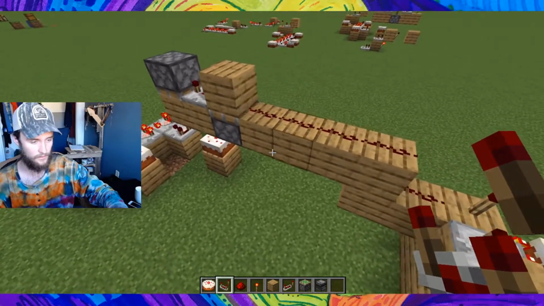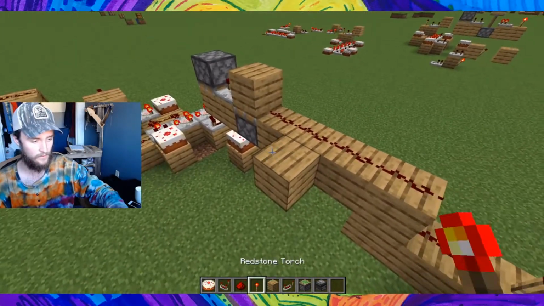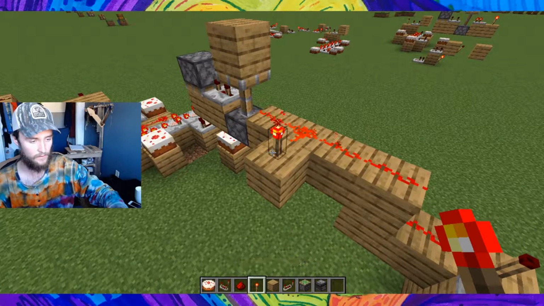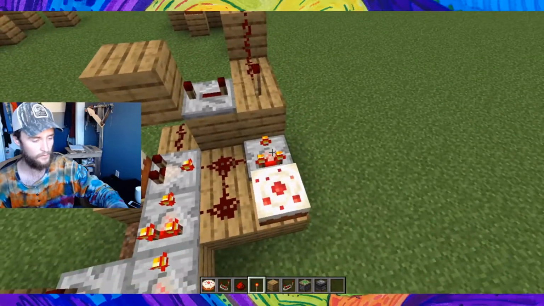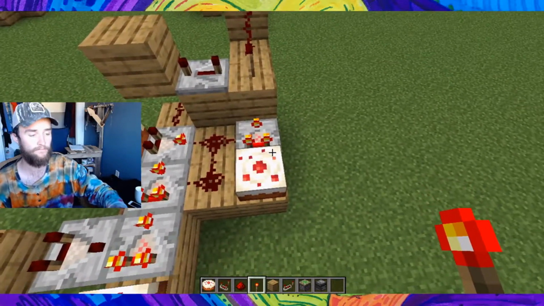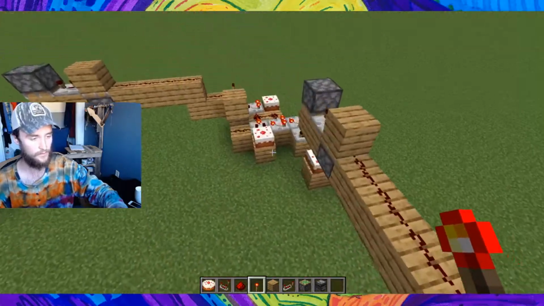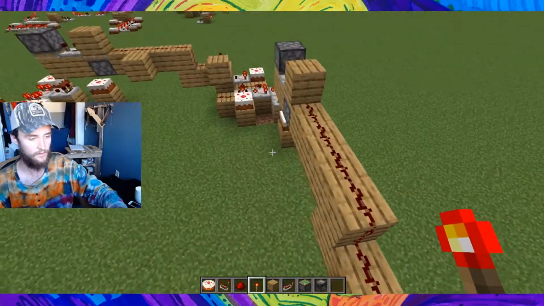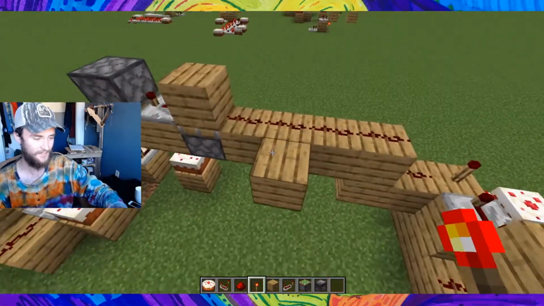On 3. Okay, this all looks correct. Oh, I forgot to put... Okay, subtract mode. Subtract mode. Okay, now it should work.